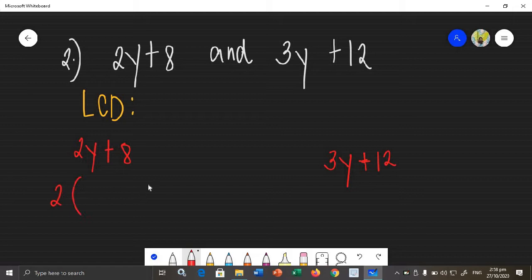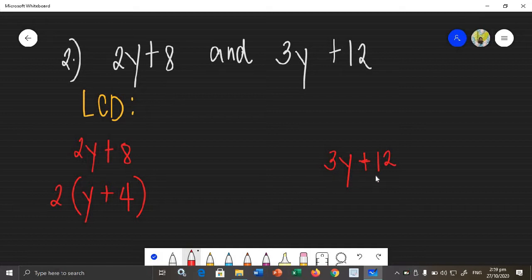Okay? And then we will be forming a binomial. To know the terms in that binomial, we will divide the given by the common factor. So 2y divided by 2 is y. Plus 8 divided by 2, that is 4. So this will be the factorization of 2y plus 8.